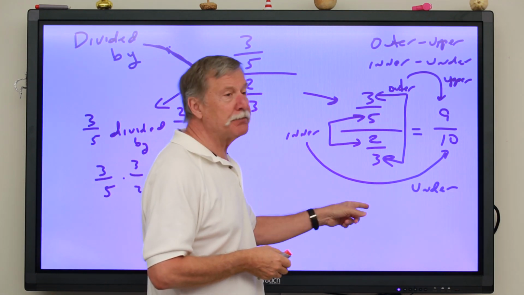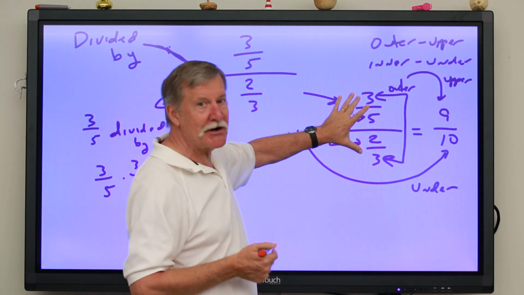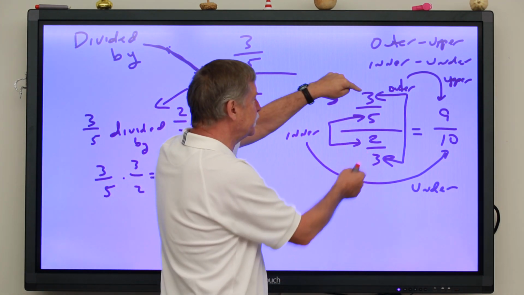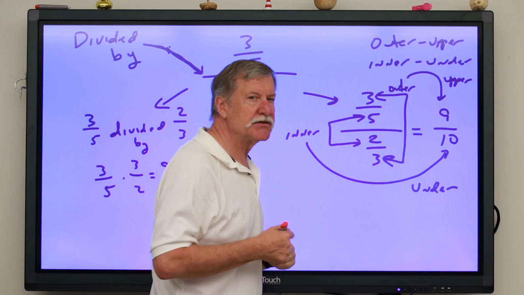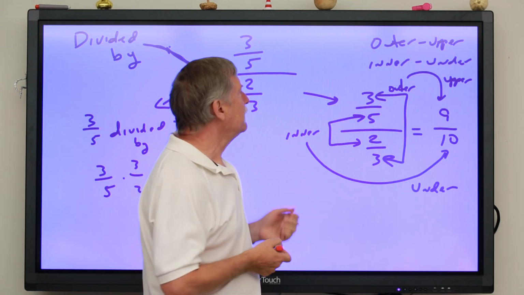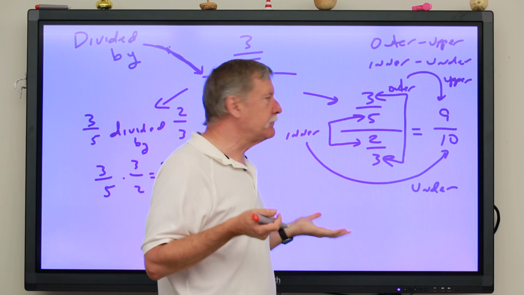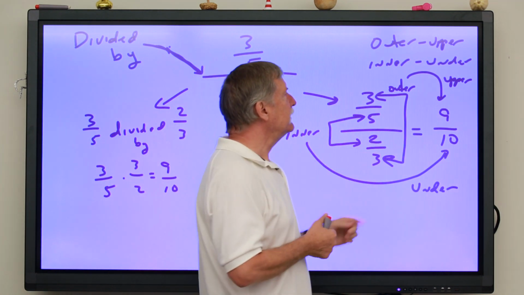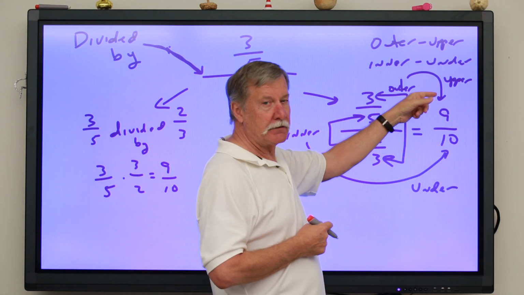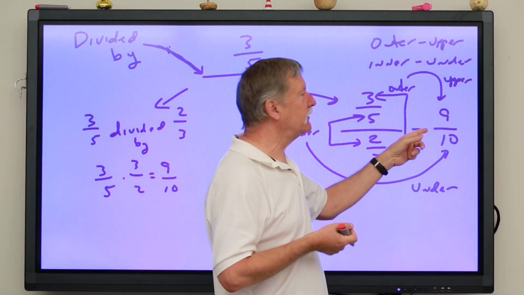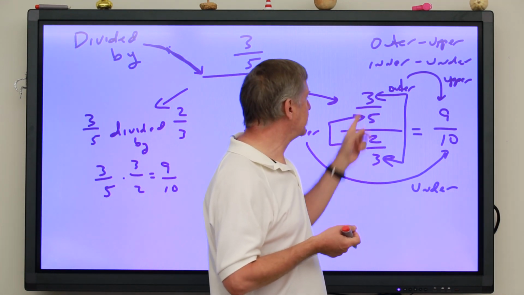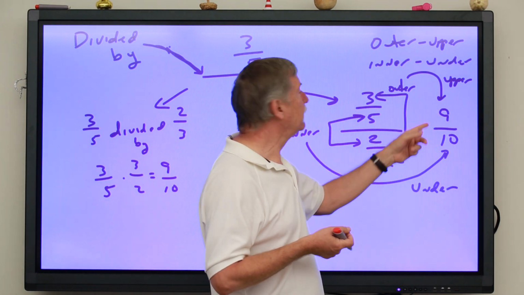You look at it as a complex fraction, and you've got two numbers that are your outer numbers, the top and bottom ones, 3 and 3, right? And so you remember outer, upper. We're multiplying. So we're going to multiply the outer numbers. 3 times 3 becomes the upper number in the answer. Outer, upper. 3 times 3, 9, upper.